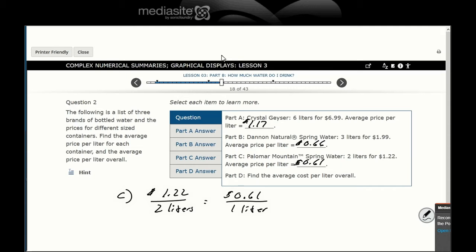And find the overall cost, find the average cost per liter overall. Okay, now we need to find these individual ones because one was 6, one was 3, one was 2. So if we try adding all those up, I'm not sure what I would divide it by. But now that we have 1 liter is $1.17, 1 liter is 66 cents, and 1 liter is 61 cents, we can find the average.